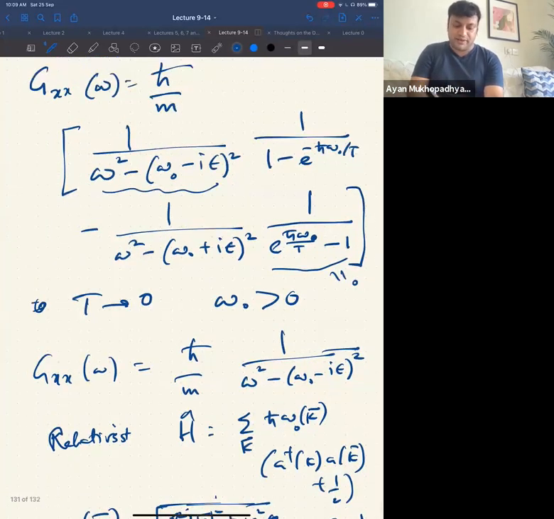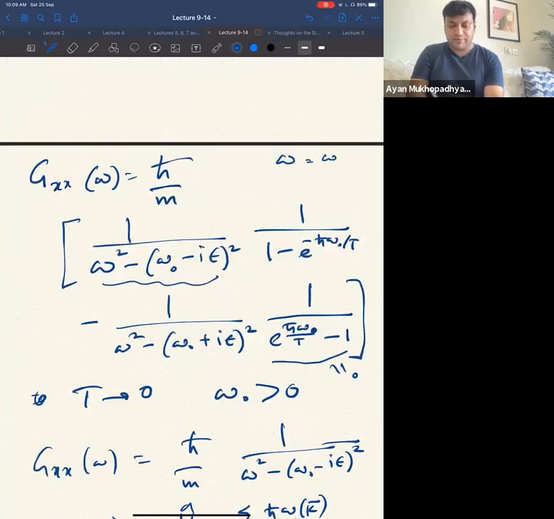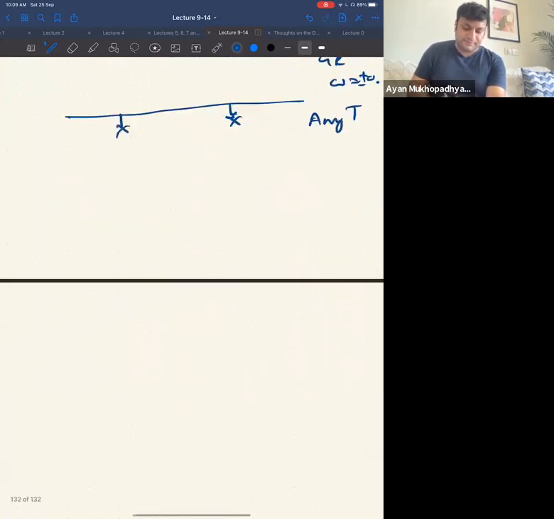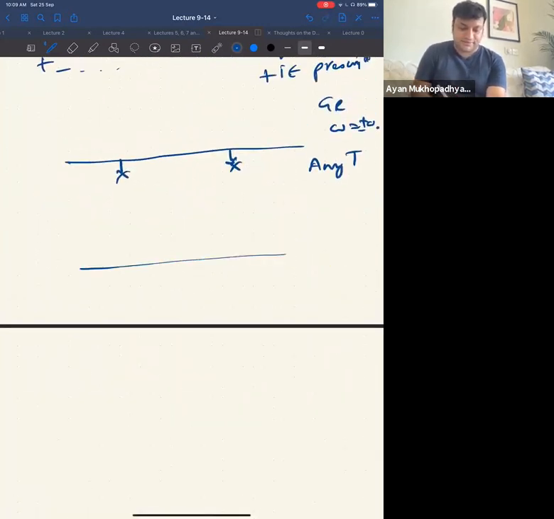The poles will be at ω equal to ω₀ minus iε and at minus ω₀ plus iε. So for the retarded propagator, I move both the poles down, and this is for any temperature. This is at minus ε. So this is real ω, this is imaginary ω, and we are looking at the poles of G_R(ω).